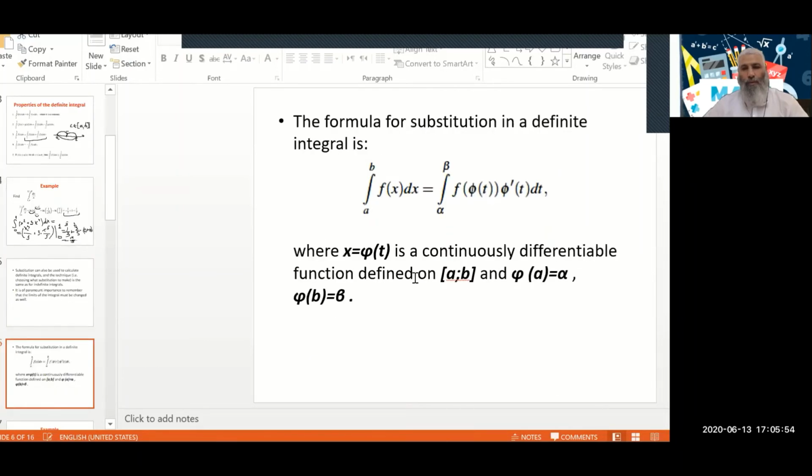This is substitution. He is explaining the substitution. And now he is saying that the substitution we will work from alpha to beta, just alpha.